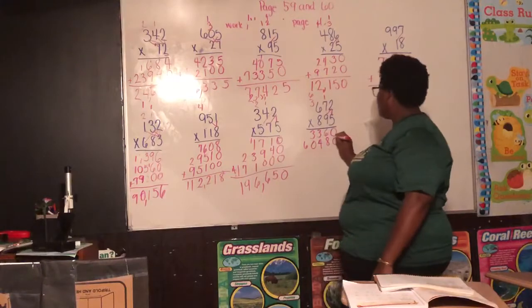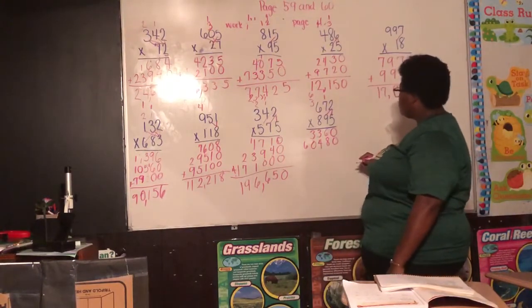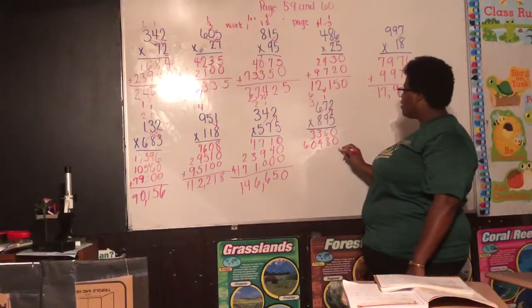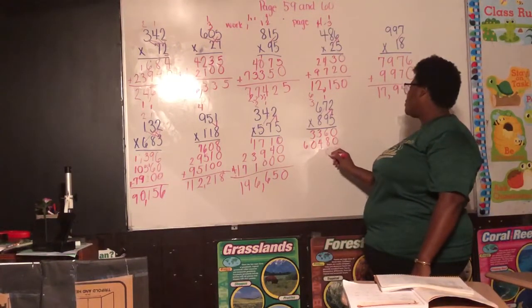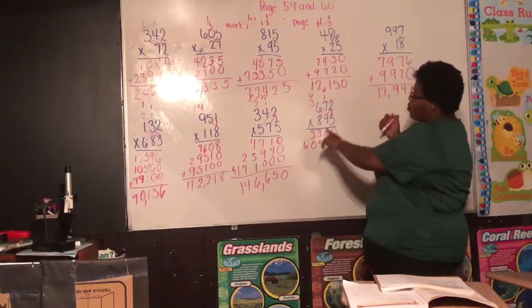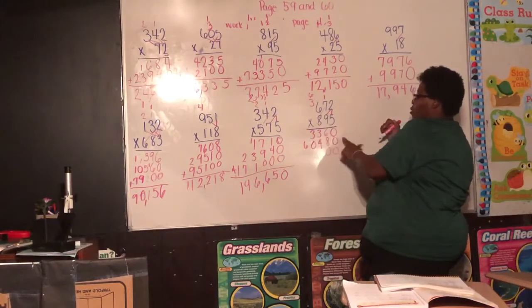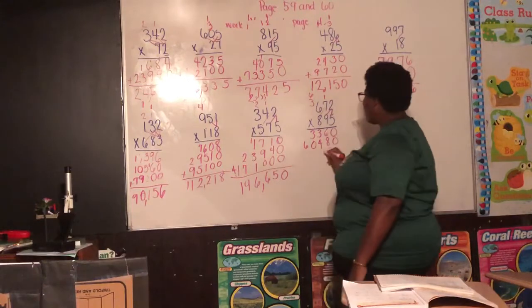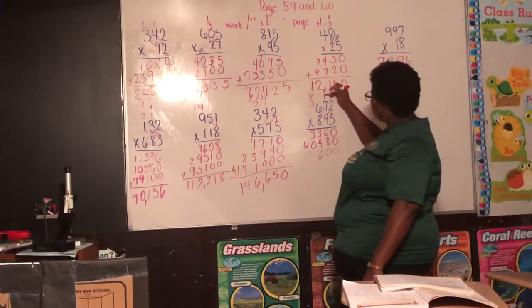Now we put our second one. We're doing 8s, but before that, 2 zeros. Remember, 1 0, 2 0. And we just multiply the same.